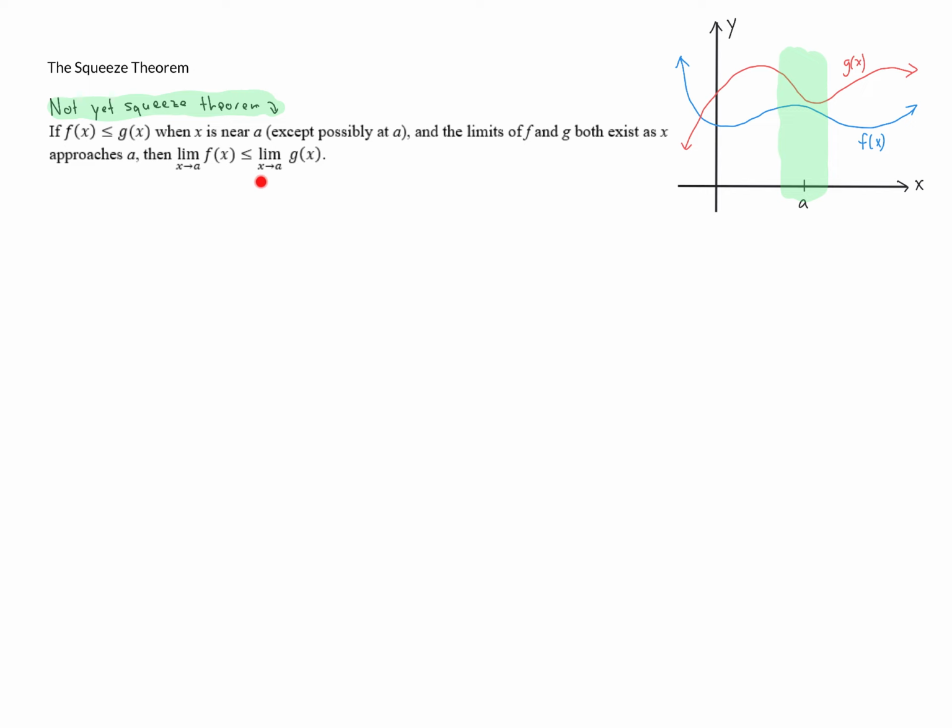If the limit of f of x as x approached a was bigger than the limit of g of x, we would need this graph to dip above the other graph for that to be the case. So as long as f of x, in this neighborhood of a, is less than or equal to g of x, there's no way for that limit to be larger than the limit of g of x.